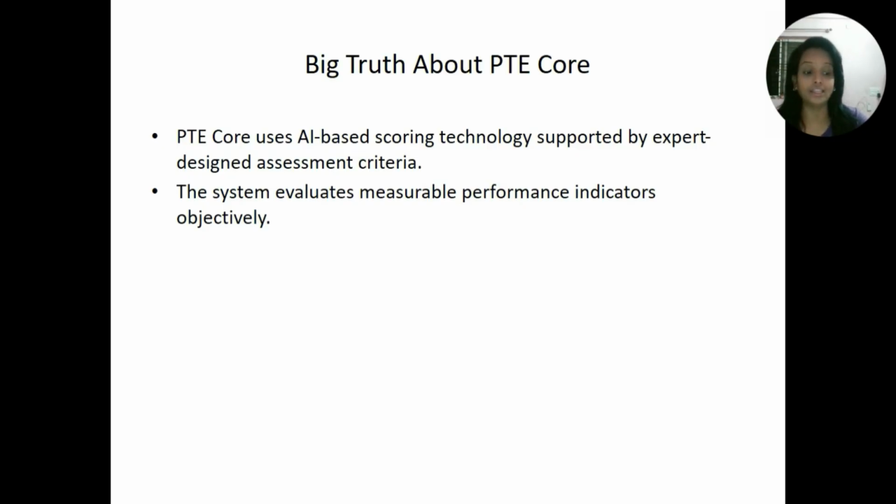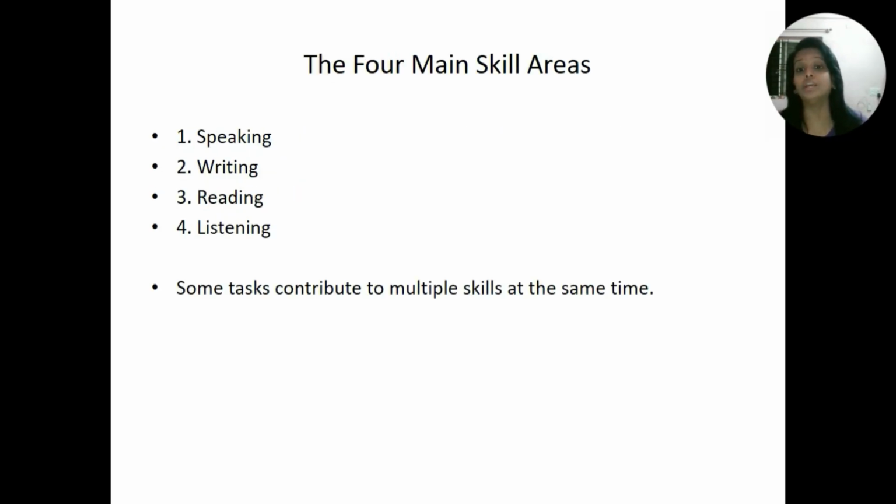Okay? Then, PTE Core evaluates your English using four major skill areas. Speaking, which measures oral fluency, pronunciation, and content relevance. Writing, which measures content accuracy, grammar, vocabulary, organization, and of course, written discourse.